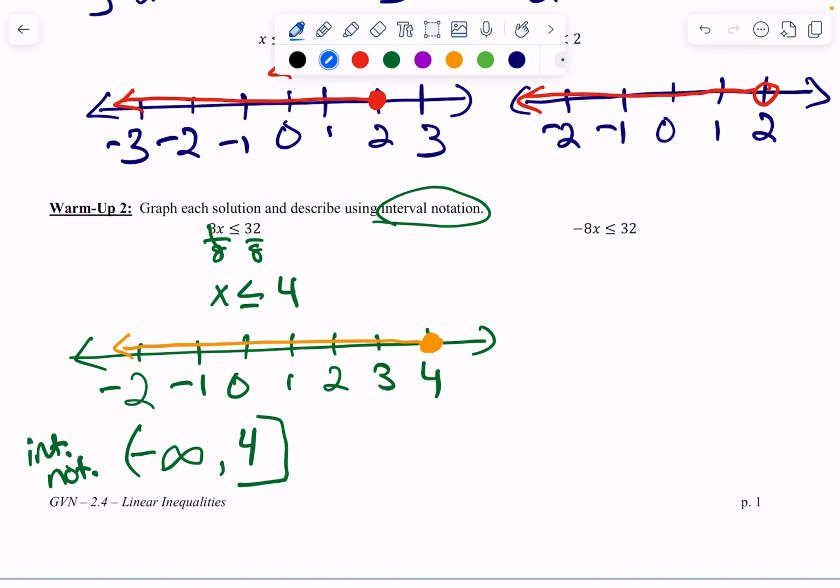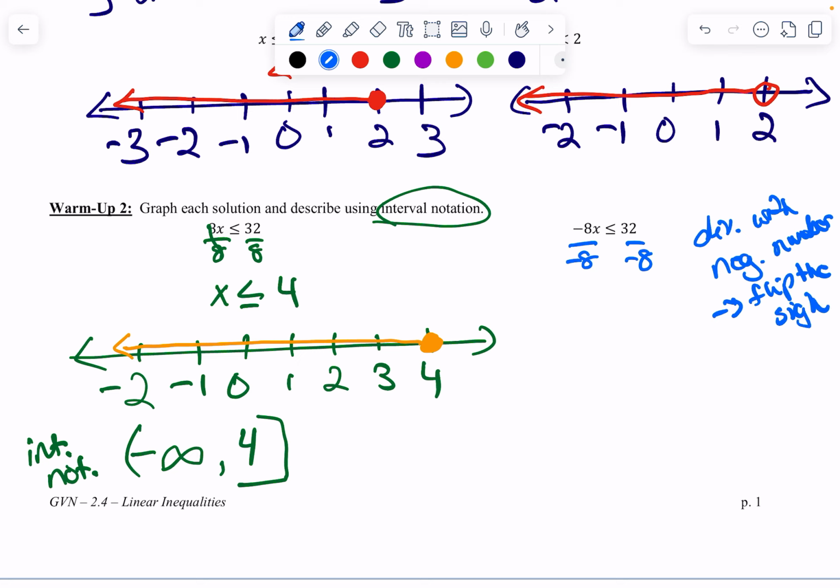One thing you need to remember is that when we are dividing with a negative number, we have to flip the sign. So x is greater than or equal to negative 4.